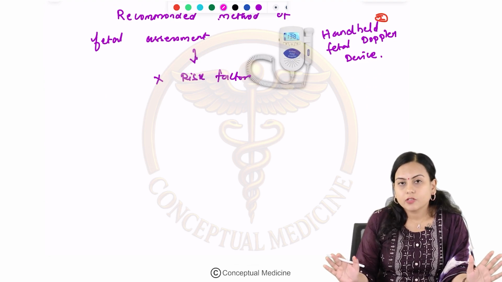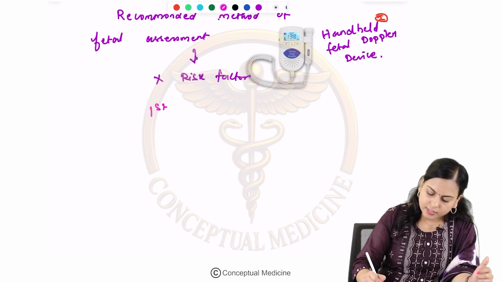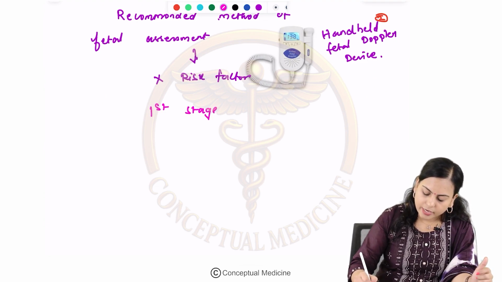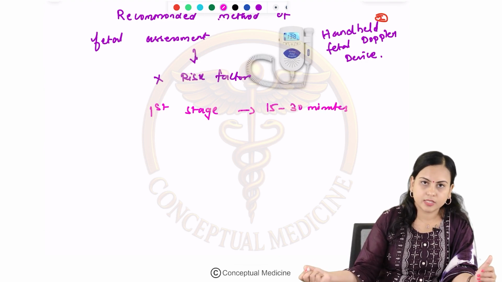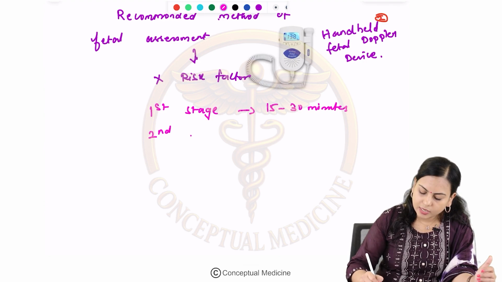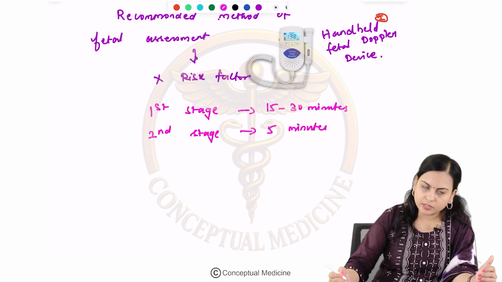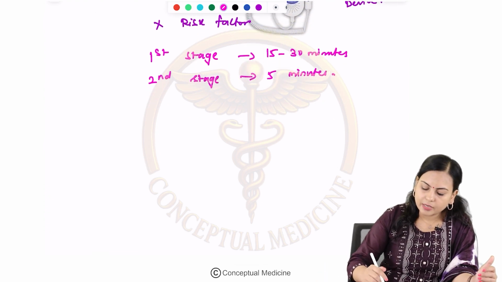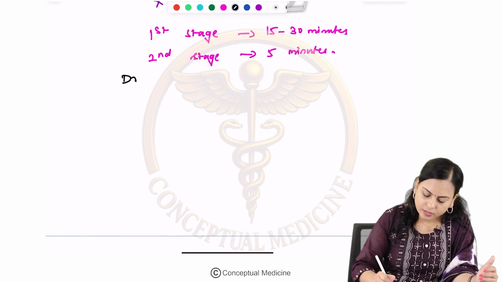So at what frequency will you be doing this intermittent auscultation? See, in the first stage of labor, intermittent auscultation should be done every 15 to 30 minutes, whereas in the second stage of labor, you have to do intermittent auscultation every 5 minutes. Clear? But there are certain drawbacks with this procedure.